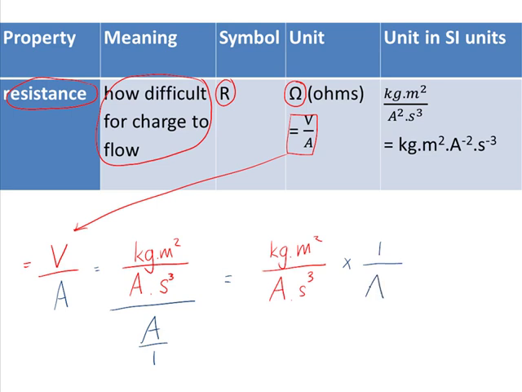We tip and times the bottom fraction. So we get kilogram meter squared per amp squared per second cubed, which we can also write as kilogram meter squared amp to the power minus 2 second to the power minus 3. Obviously, a lot easier just to use the symbol omega, which stands for ohm.